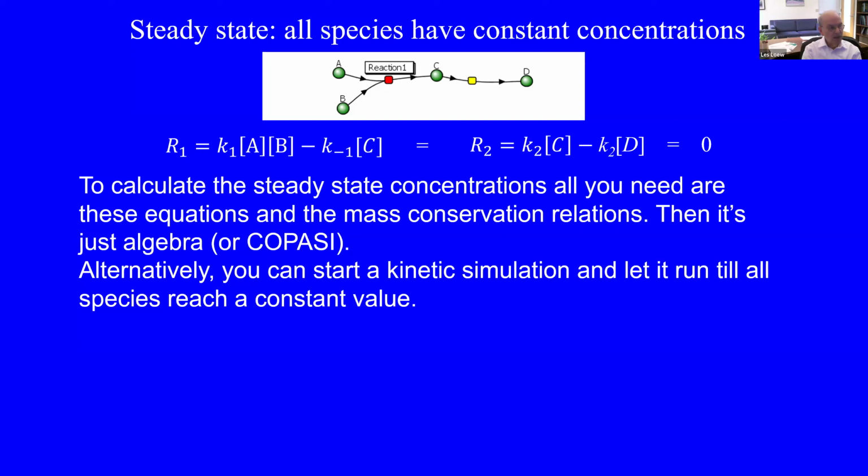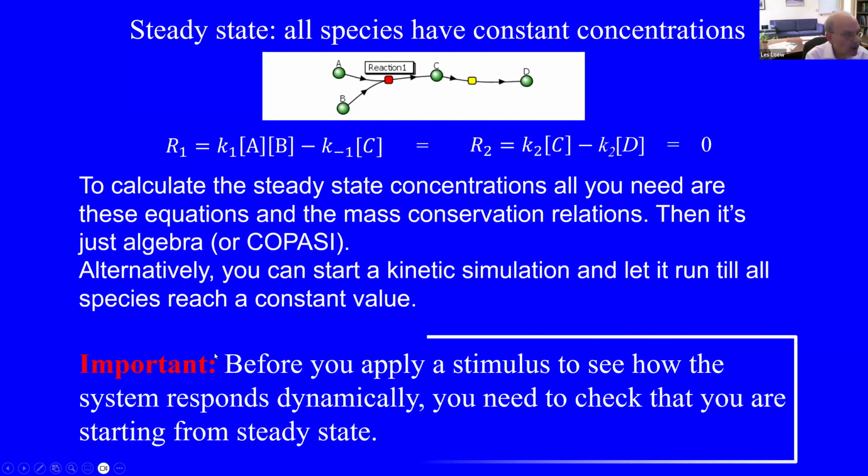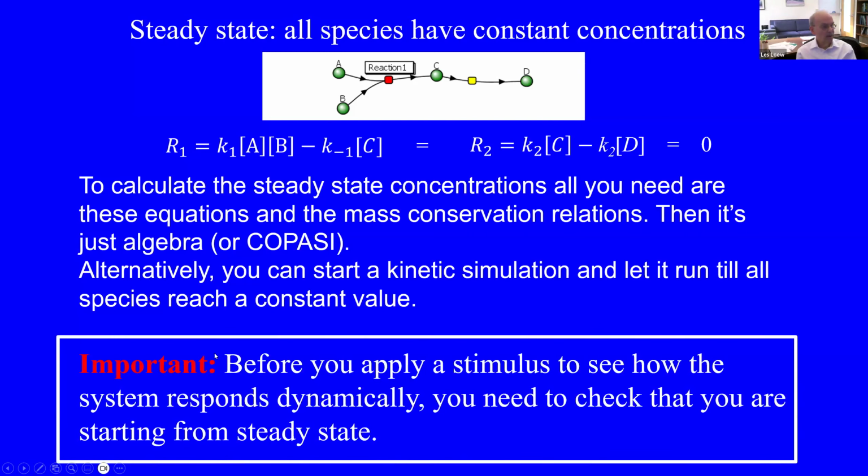So as I said, you can also start a simulation and let it run till all the species reach a constant value. And an important thing to keep in mind when you build your models: very often you are interested in the response of the system to some sort of stimulus.